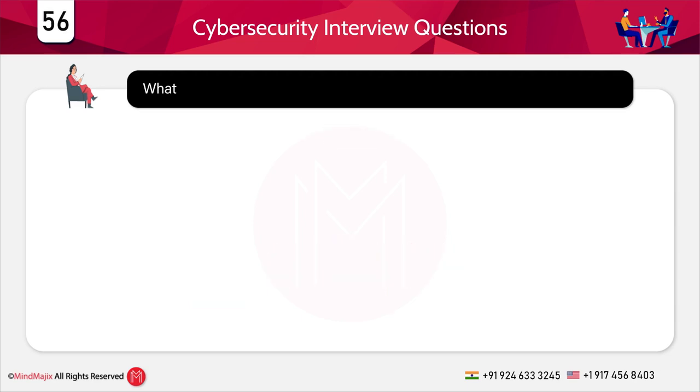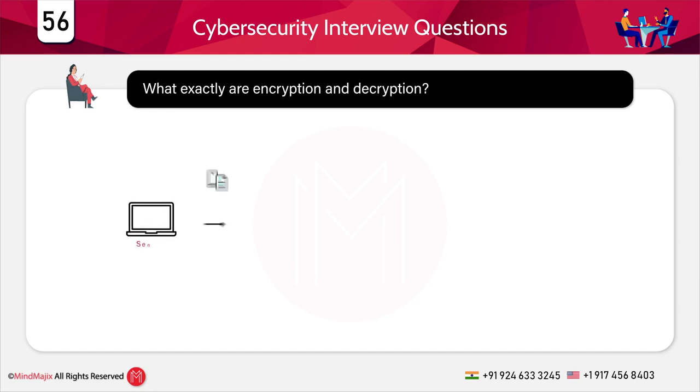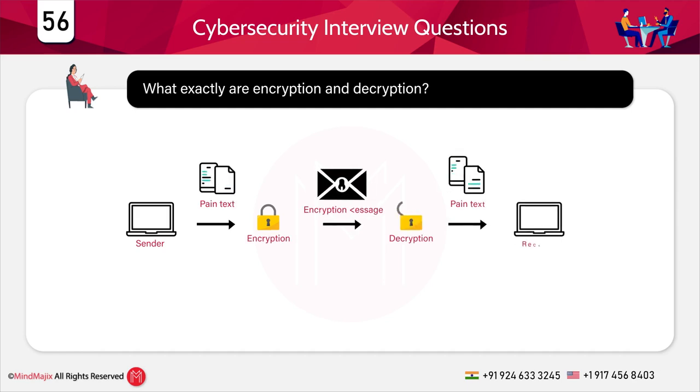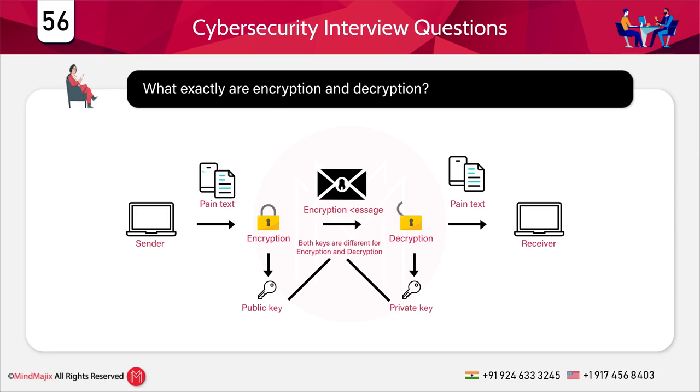Next is what exactly are encryption and decryption. When you have to answer in an interview, you have to answer as simply as you can. For example, you have a data or a plain text P which is converted into ciphertext C, or an encrypted text.